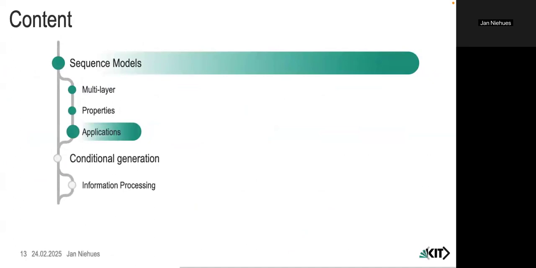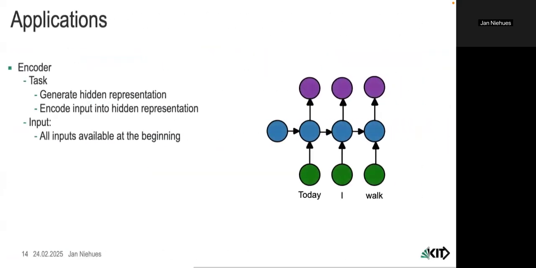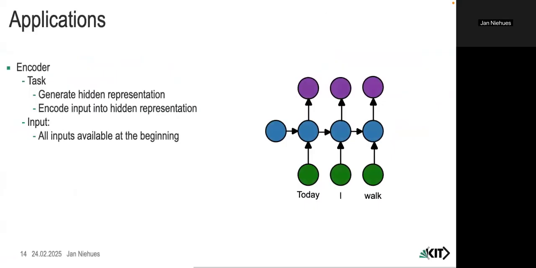And this direction has an important implication when we are thinking about the application. There are two typical types of applications that these are applied to. The one is what we call an encoder. In this case, you have some type of information and you want to encode this input into a hidden representation.